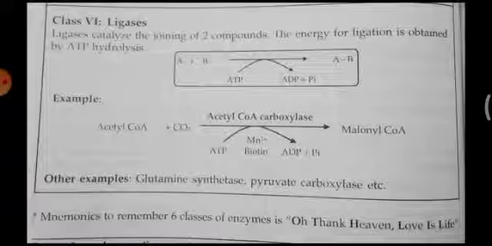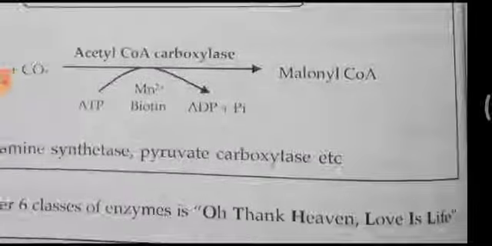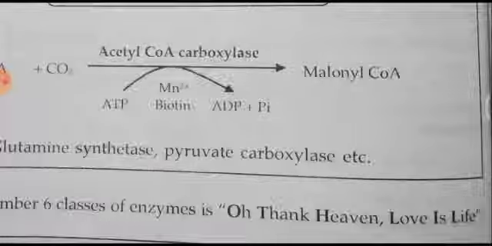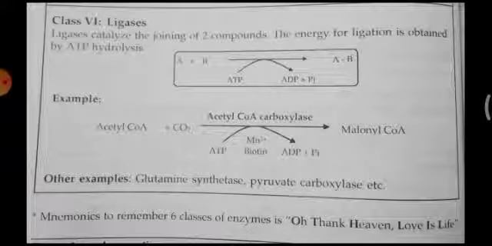O means oxidoreductases, T means transferases, H means hydrolases, L means lyases, I means isomerases, Li means ligases. If you want to remember this in the easiest way, you can use this mnemonic for remembering the enzyme classes.